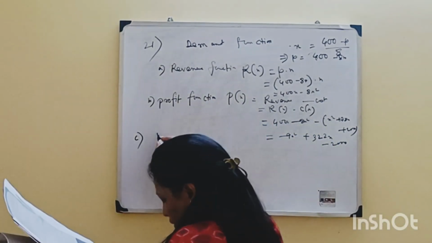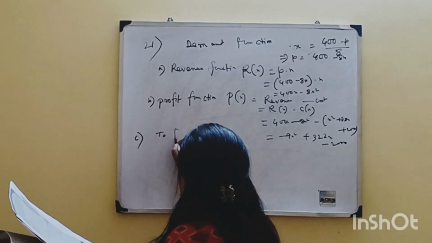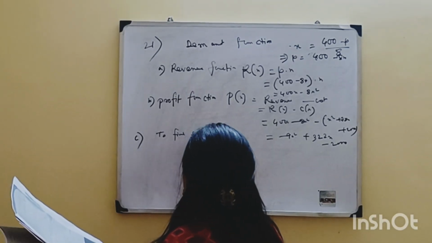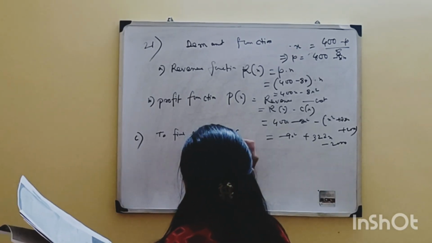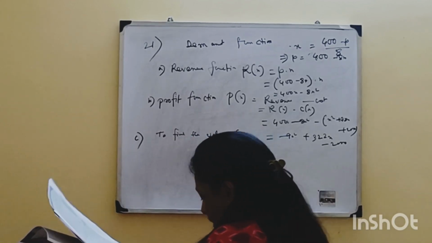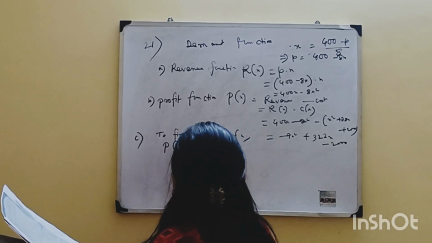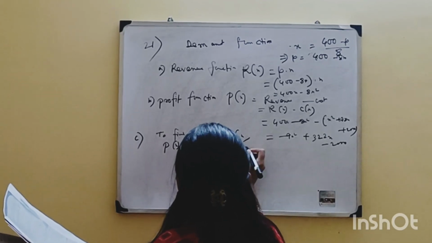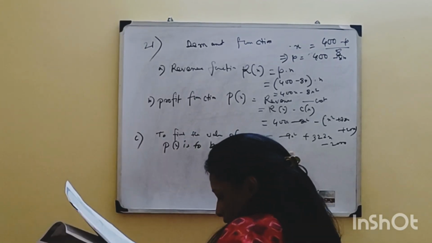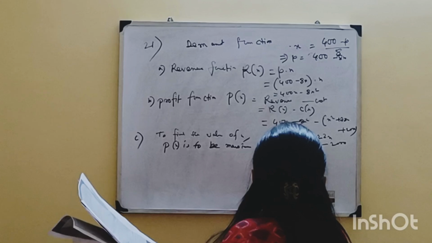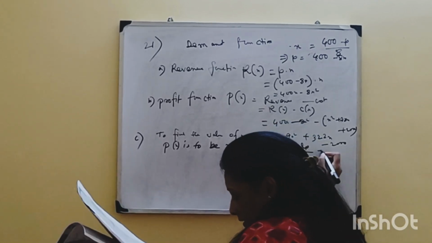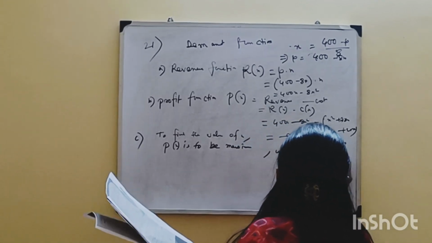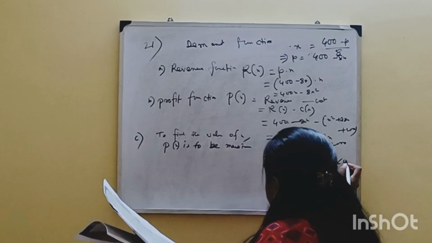So we know that to find the value of x to be maximum, dP/dx equals 0 and d²P/dx² is less than 0.